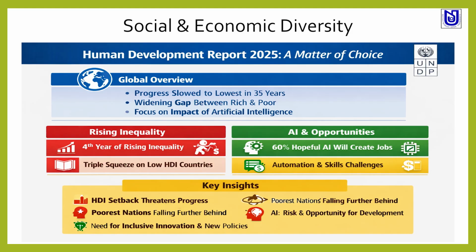Secondly, a report titled A Matter of Choice, People and Possibilities in the Age of AI, highlights widening inequalities between high and low HDI countries, reversing decades of convergence. Although artificial intelligence has emerged as both a potential catalyst and a source of disruption.